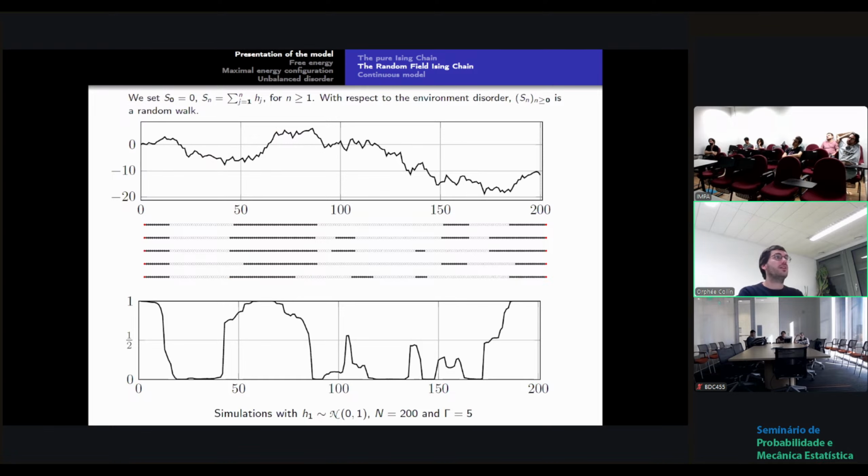Okay. To answer this, first some simulations. To represent the environment, the sequence H, I represent the potential associated to it. So it's the random walk with increments the H_j's. And here are 5 independent samples under the Gibbs measure with boundary conditions plus.